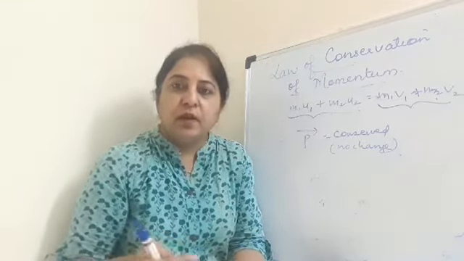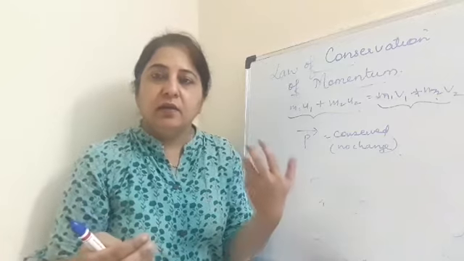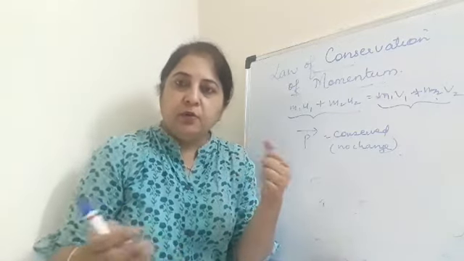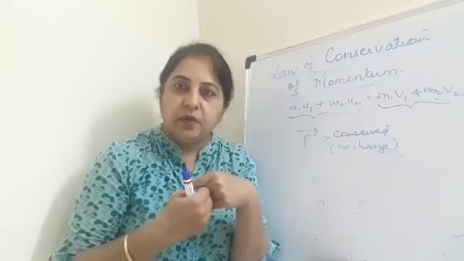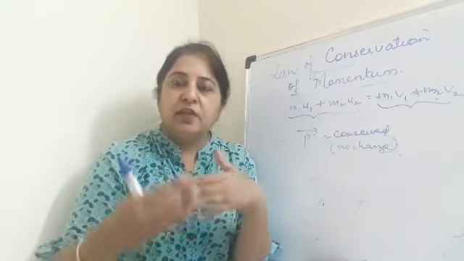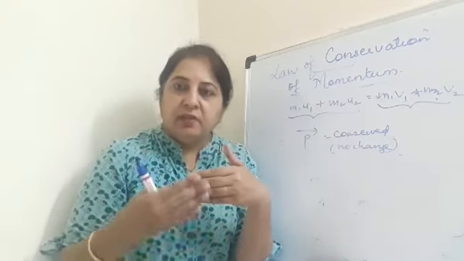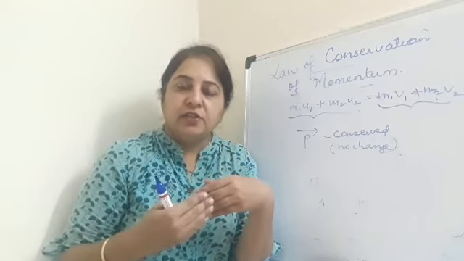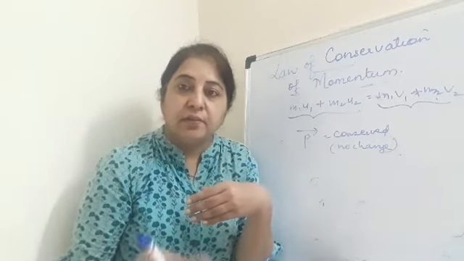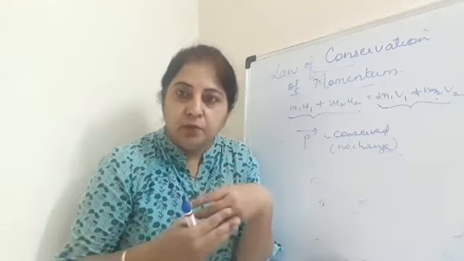Suppose one car and one truck collide, or two cars collide. Then how will the change in momentum take place, and will the momentum before the interaction and after the interaction remain the same or not? How will we come to know?